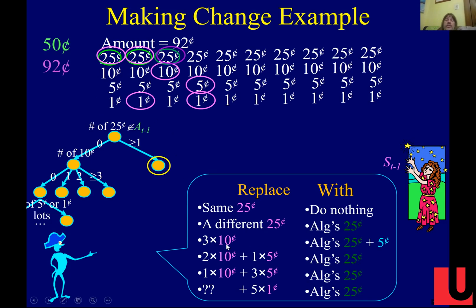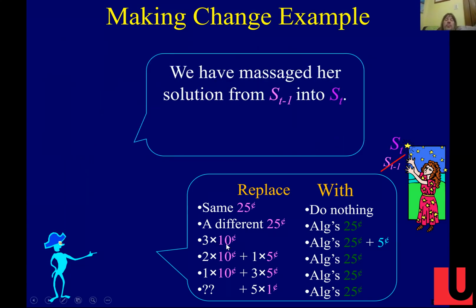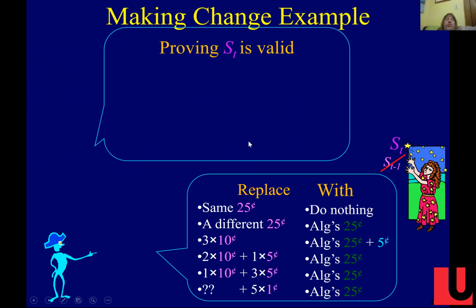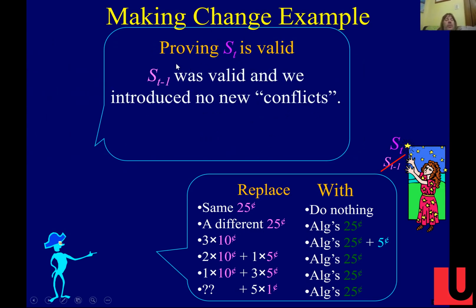And so now we need to prove that when we make this change, changing S_{t-1} to S_t in these ways, we have what we want. We have to prove that the S_t that we have is still valid. Well, how do we do it? We say S_{t-1} was valid and we introduce no new conflicts.